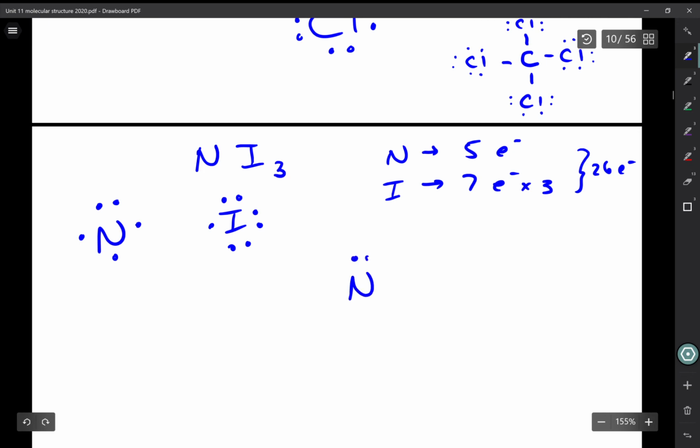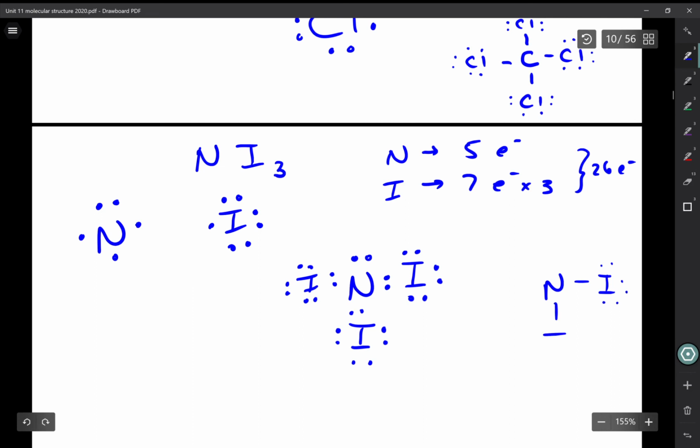Nitrogen has 5, and then we're going to put our iodine here with its 7 electrons, and the same for the other two. There's your third iodine. There you go.